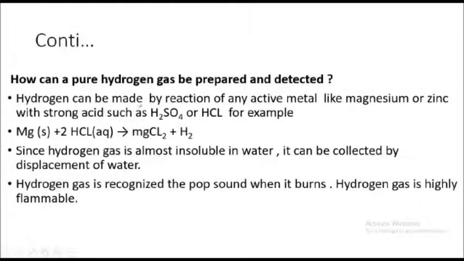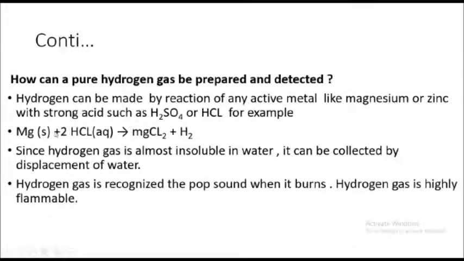The acid can be sulfuric acid or hydrochloric acid. Sulfuric acid already contains hydrogen, and hydrochloric acid already contains hydrogen. If you add one of the above metals, hydrogen will be displaced from the reaction, and pure hydrogen will be gained.